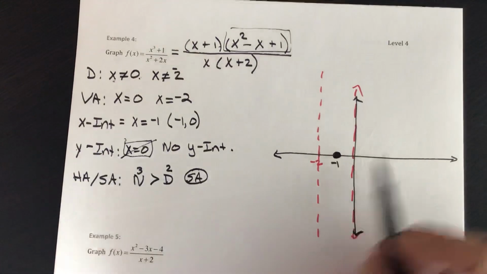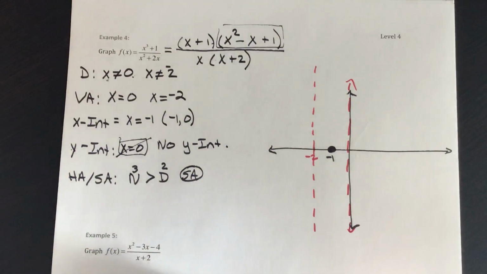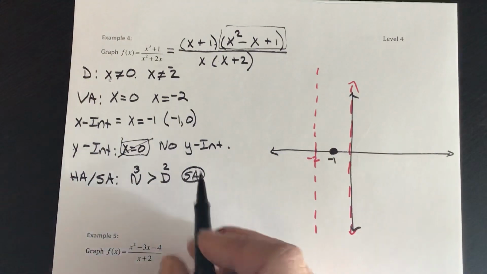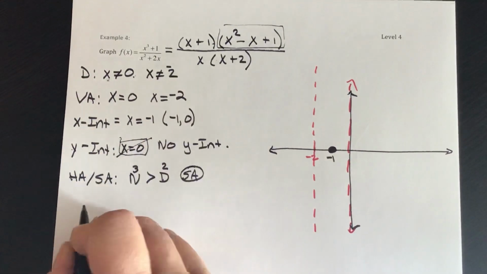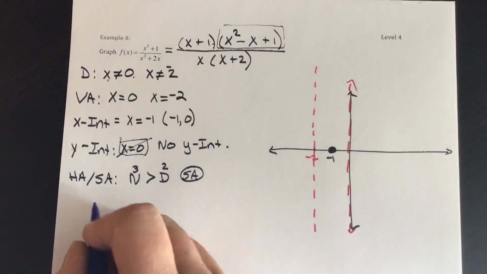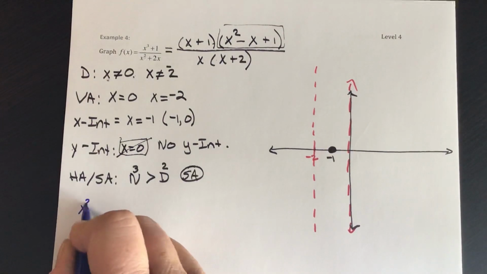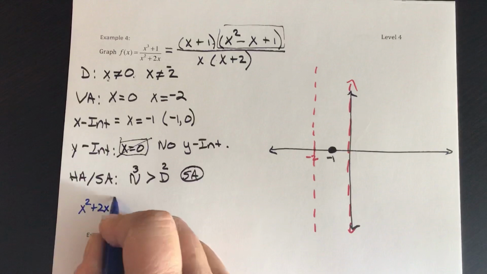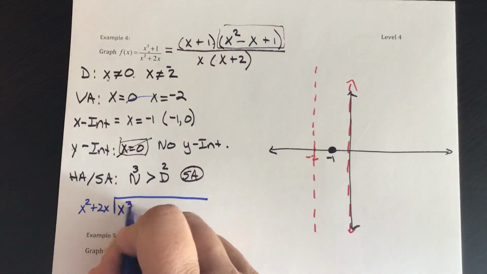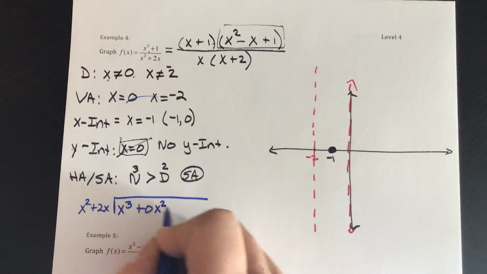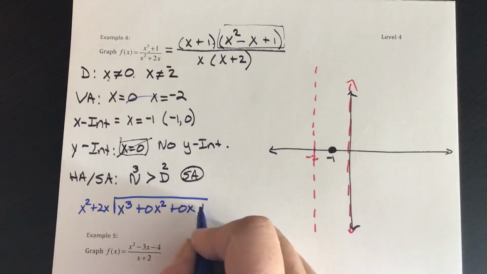And to find the equation of my slanted line, I'm going to do some long division. So I'm going to take x squared plus 2x and divide that into x to the third plus 0x squared plus 0x plus 1.